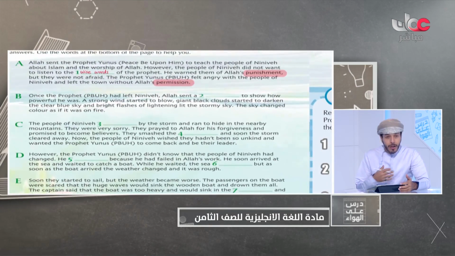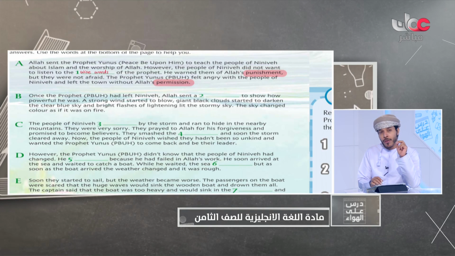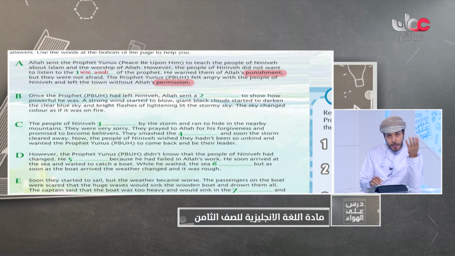Try to read, feel the text, feel the story, and then try to put the correct words or adjectives in the correct places. And try to shade the new words that you think are very important, or they are repeated, or you are exposed to them from time to time.